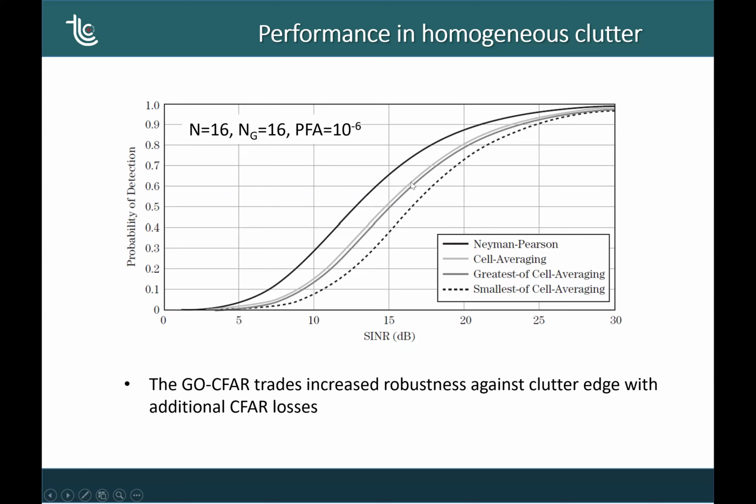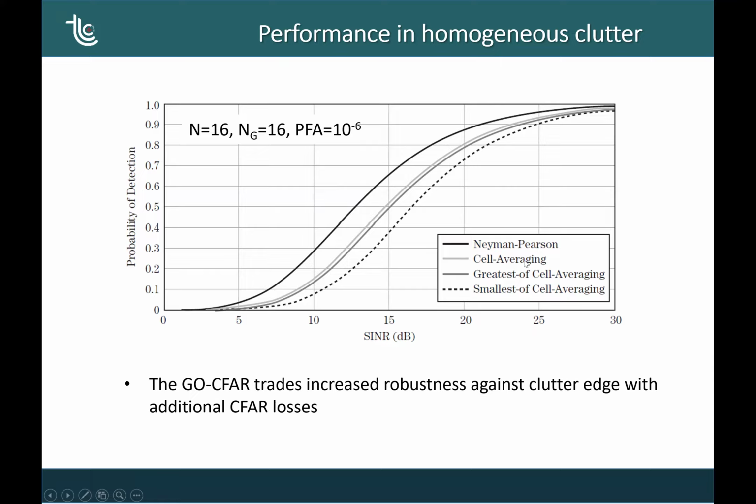Then we have the solid light gray line that is the cell averaging, that is the closest to the Neyman-Pearson, but we know that we have some losses due to the adaptivity. Then we have the dark gray line, solid again, that is the GO CFAR, quite close to the CA.